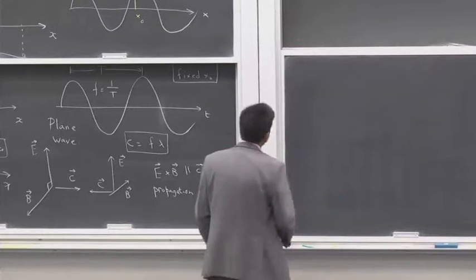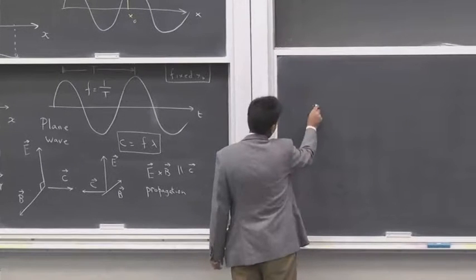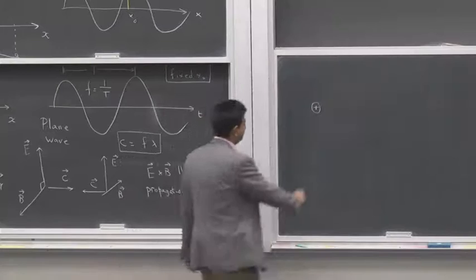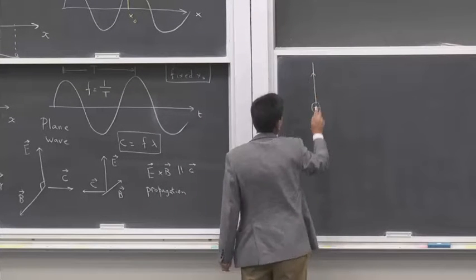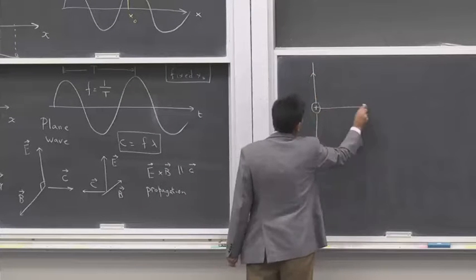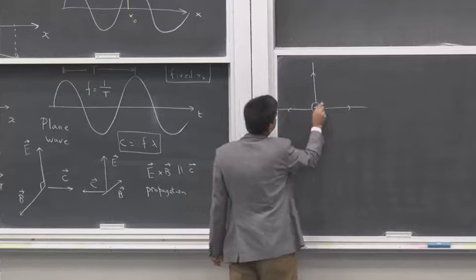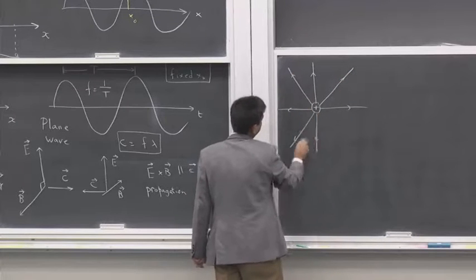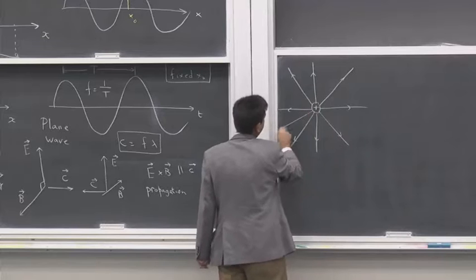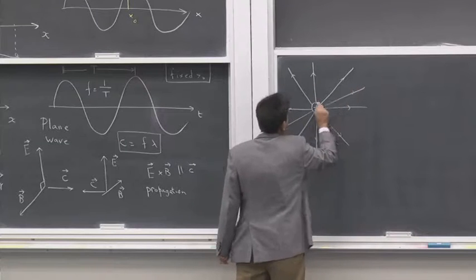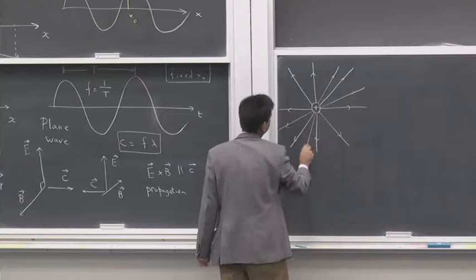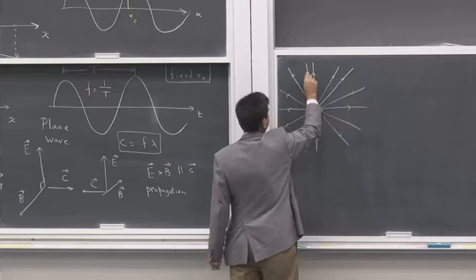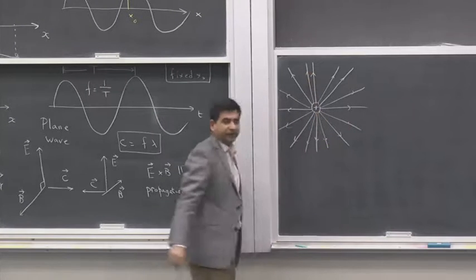Now what happens is, suppose I have a positive charge that is at rest. If I plot the electric field lines for this positive charge, they are all radially outwards. Is the field uniform in this case?